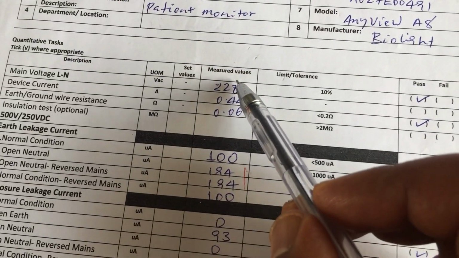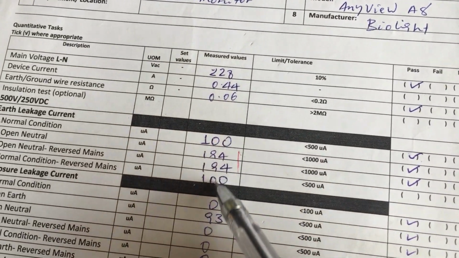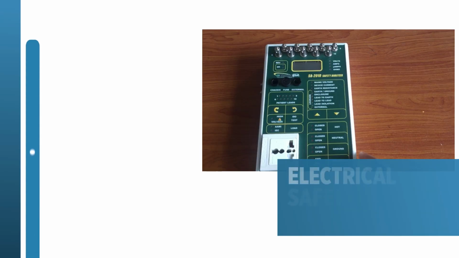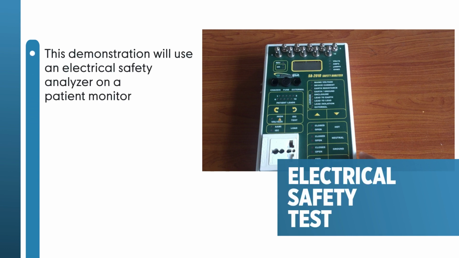Finally, you will need a checklist to record your measurements. If you do not have access to a checklist, you can use a standardized checklist created to comply with the IEC 60601-1 standards. Now, we will demonstrate an electrical safety test using an electrical safety analyzer on a patient monitor.